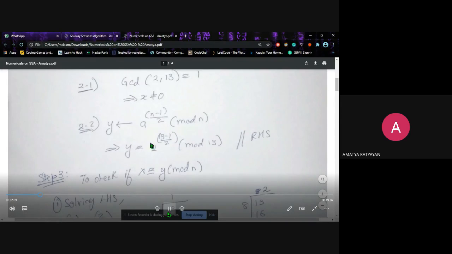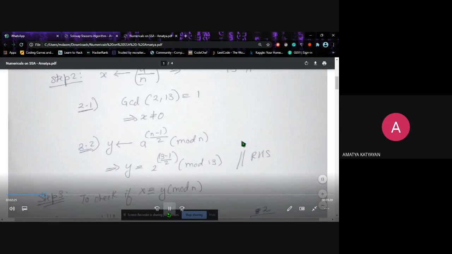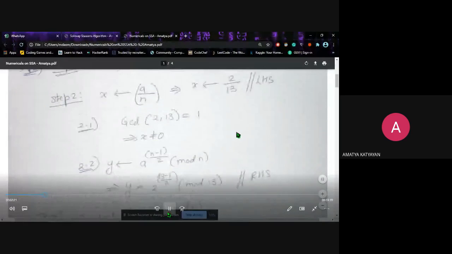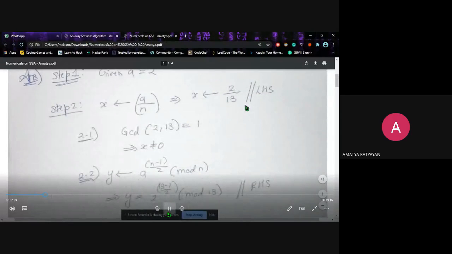So y is equal to 2 raised to the power (13 minus 1) upon 2, modulo 13. This is our RHS, and the value of x is our LHS, that is 2 upon 13.